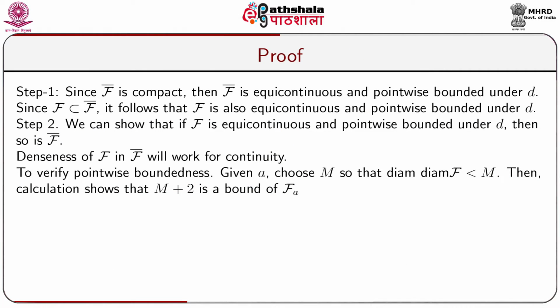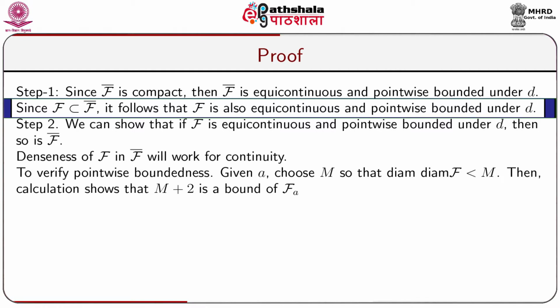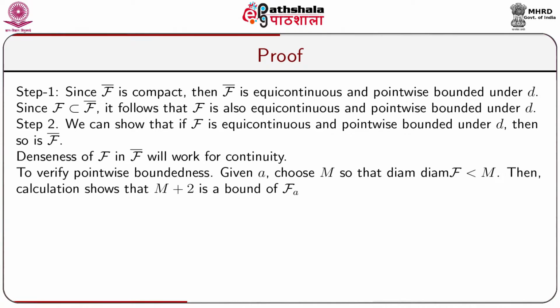Step 1 of the proof. It happens that if script G is compact, then script G is equicontinuous and pointwise bounded under D. Since script F is a subset of script G, it follows that script F is also equicontinuous and pointwise bounded under D. This proves the only if part of the theorem. Now, step 2.